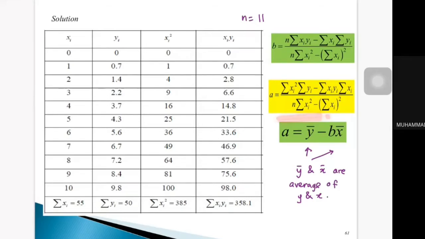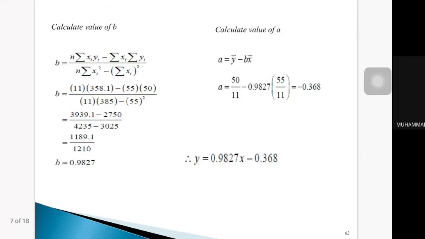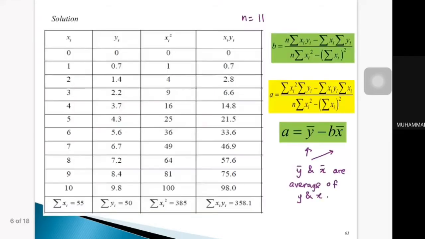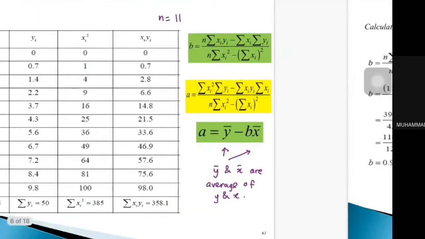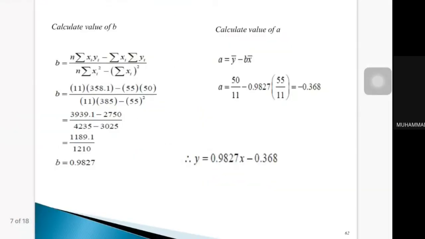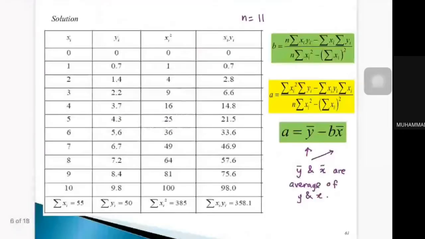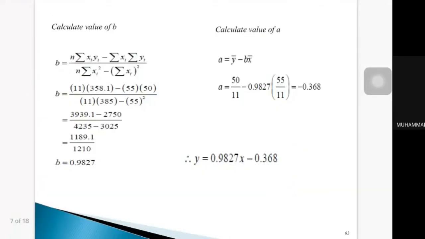Normally you just find b, and then you can use this formula or this one, it's up to you. This is the detail that I just explained. So this is your n, this is the summation of xi yi, then the summation of xi and summation of yi, 55 and 50, and n is equal to 11.